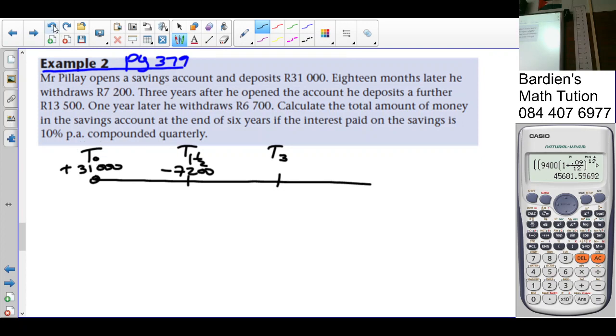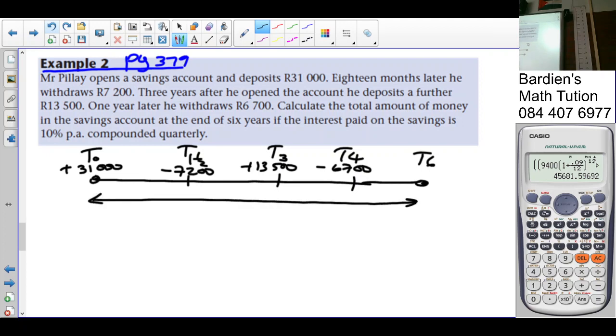He deposits a further 13,500. 1 year later, so that takes you to T4, he withdraws 6,700 rand. Calculate the total amount of money in the savings account at the end of 6 years. That's T6. If the interest paid on the savings is 10% compounded quarterly. So it's a standard interest rate of 10% per annum compounded.